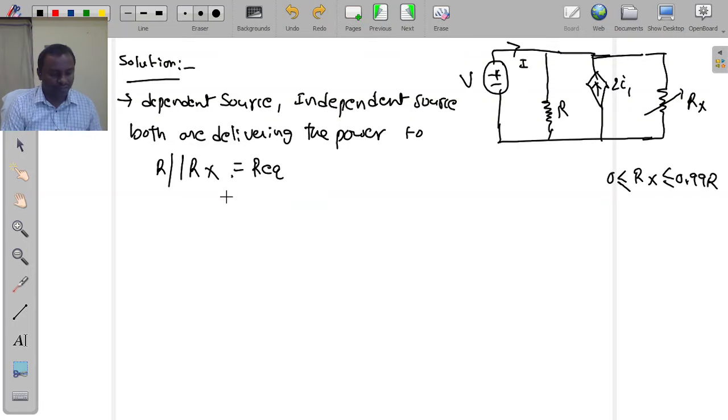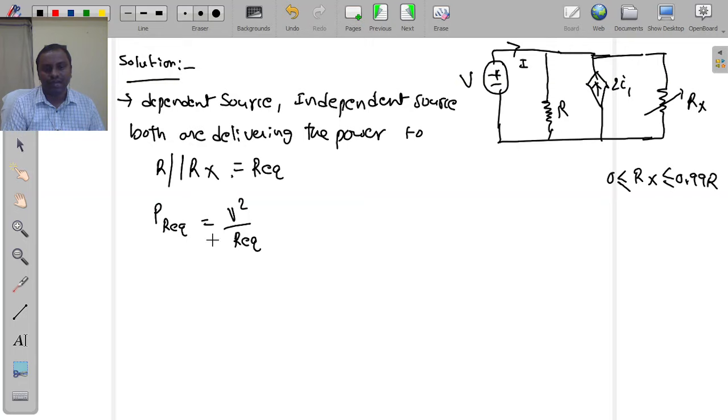So the power consumed by the R equivalent is, because V is across this parallel combination, P equal to V square divided by R equivalent. In this, some portion of the power is delivered by the independent source, some portion by the dependent source.